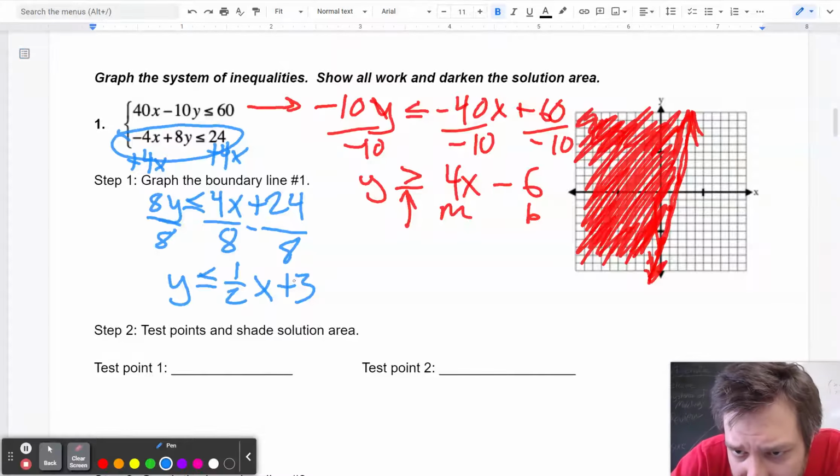Let's see if I can find 3. It's a little bit hard to count. There's y equals 3. Then I go up 1 over 2, up 1 over 2. I connect these dots as well with a solid line because it says less than or equal to. And I shade everything below the line.